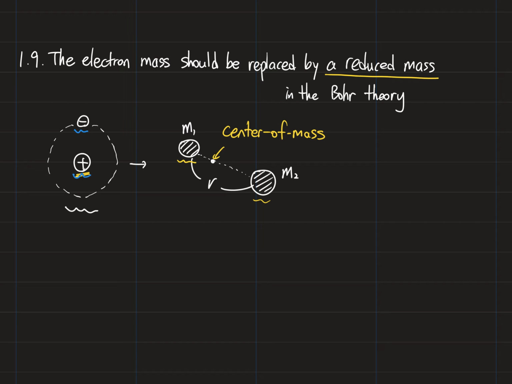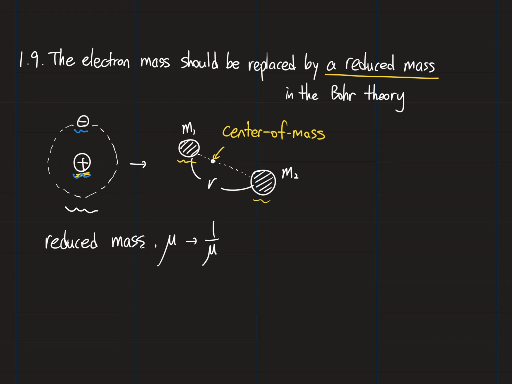This can be achieved by introducing a concept called reduced mass, denoted by the Greek letter mu. The reduced mass can be obtained from the masses of the two particles.